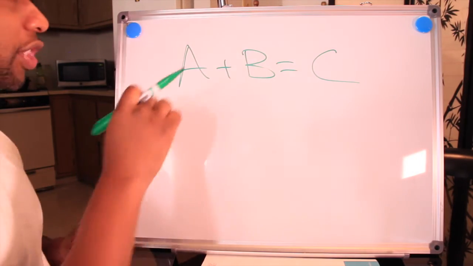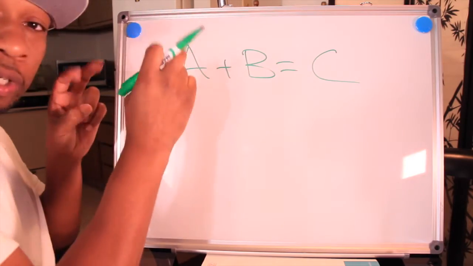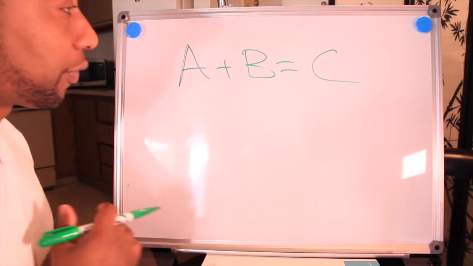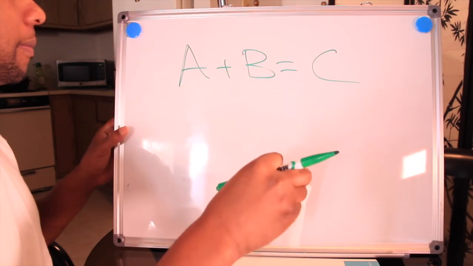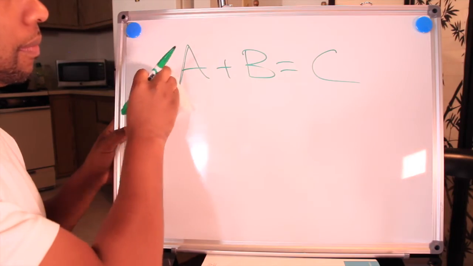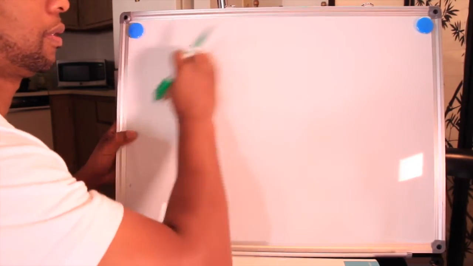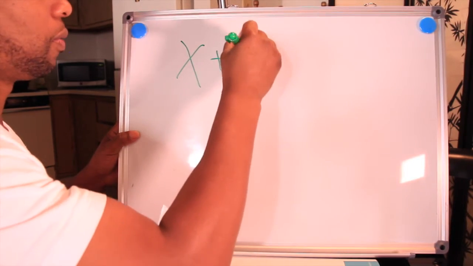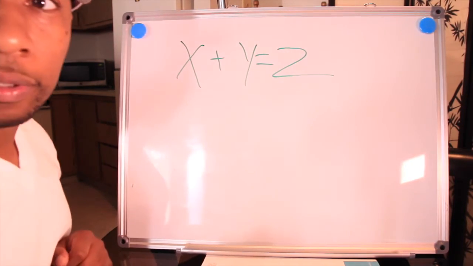So let's change the variables and the value, quote unquote, or situation, circumstance, mystery, whatever, and we'll change it up. So now we'll say X plus Y equals Z. All right.